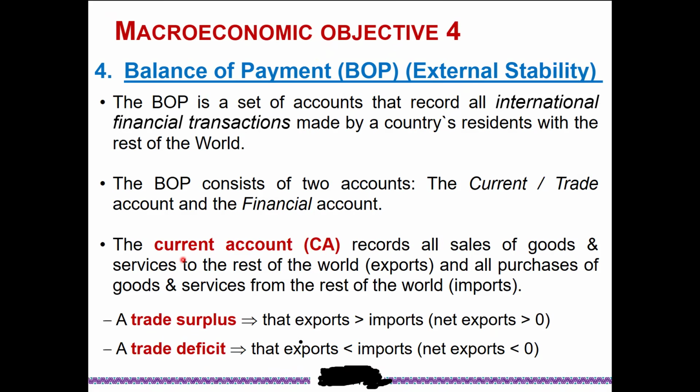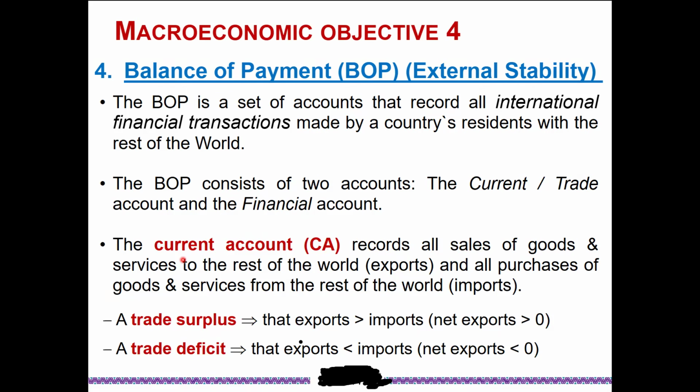So whatever we do in our interaction with the rest of the world is obviously through exports and imports, right? Because that's how we interact with the rest of the world, and also through foreign direct investment and portfolio investment, right?